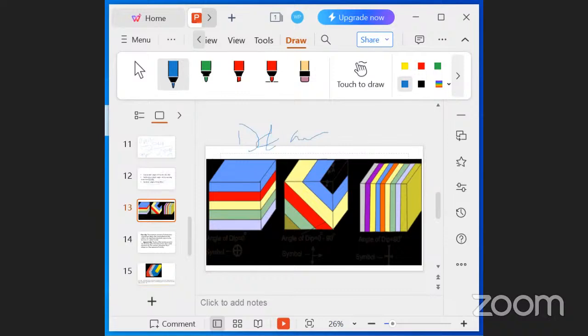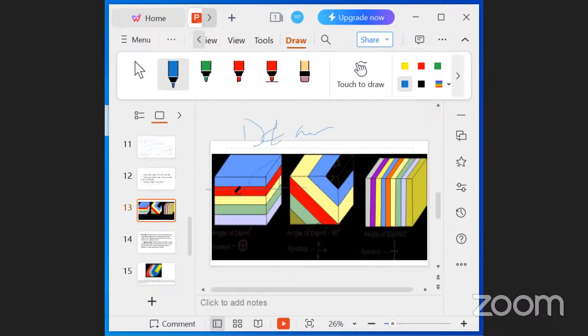So the amount of dip, remember this word, denotes the angle of the bed inclination with respect to the horizontal. Strike is a scalar quantity because it has only direction. It has only direction and no magnitude, right?